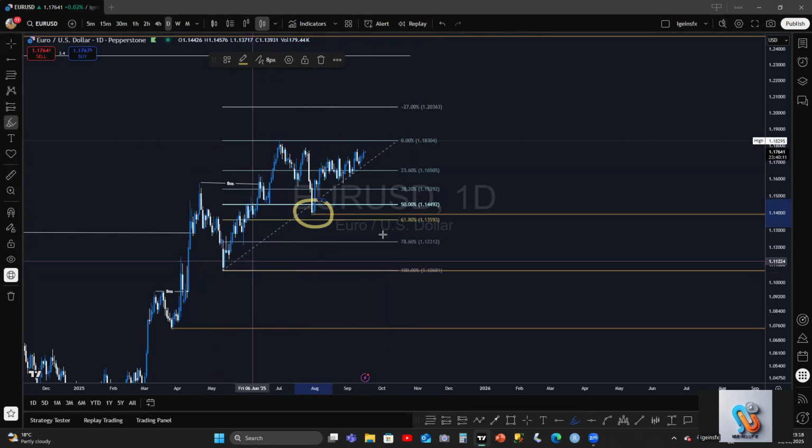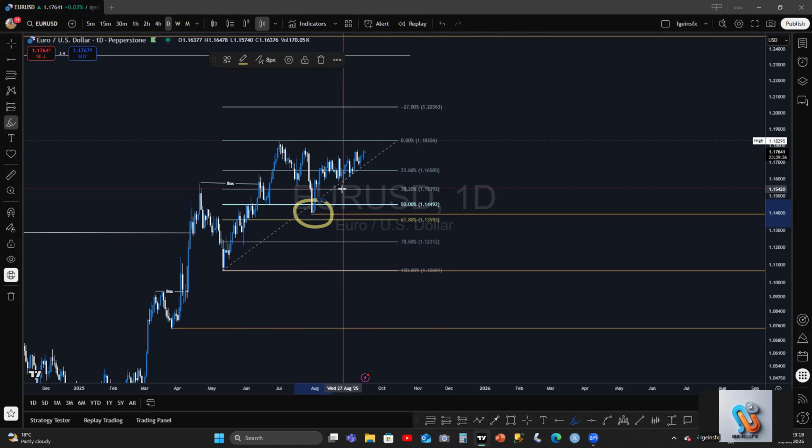Once price gets to this level, 23.60, if it did not hold as a support, it will break. Once it breaks below it, the next level is 38.20%, which is also a minor pullback, not major.